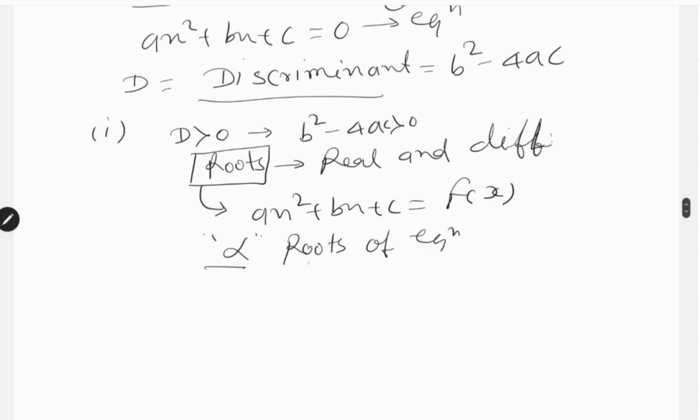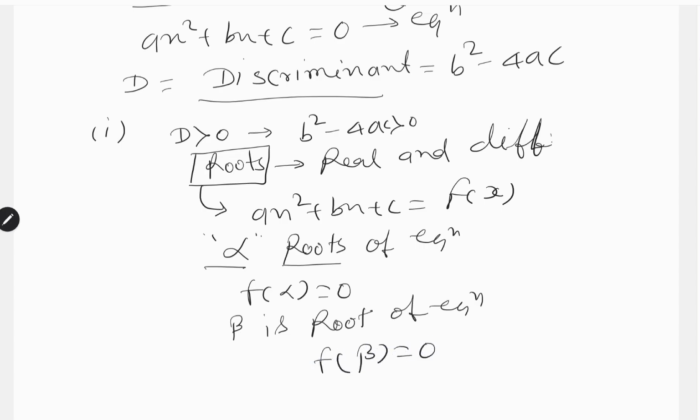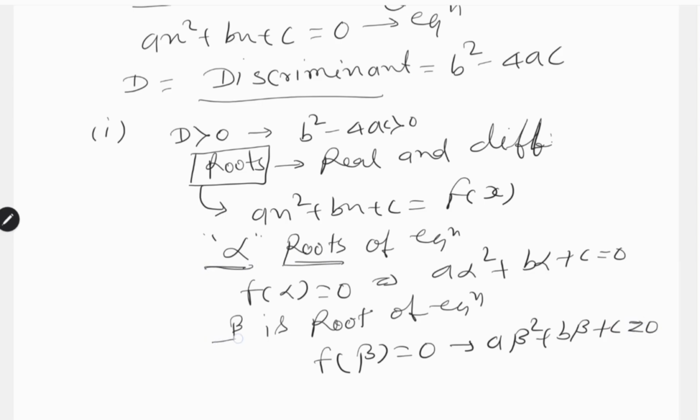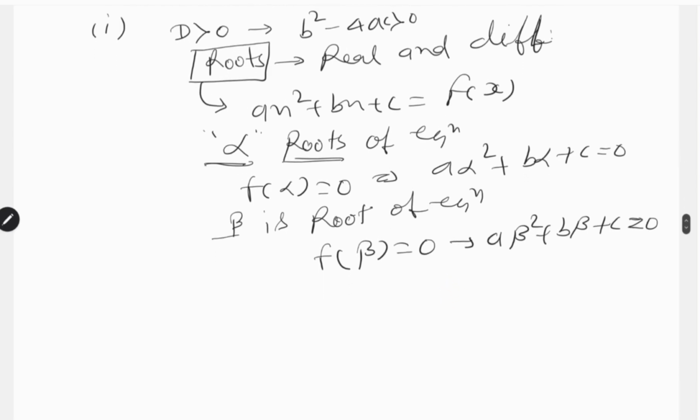Then alpha is root of the equation, then f of alpha is equal to 0. If suppose that beta is the root of the equation, then f of beta is equal to 0. Then we get a alpha square plus b alpha plus c equal to 0, and a beta square plus b beta plus c is equal to 0. If roots are alpha and beta, then f of alpha equal to 0 and f of beta equal to 0.